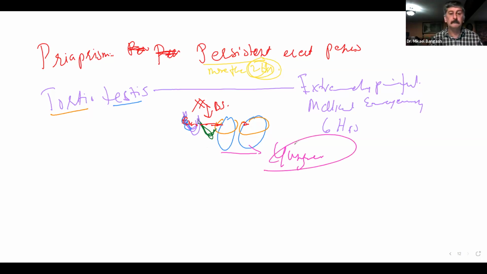Gangrene. We mean that the testes will die. So if this is not undone within 6 hours of occurrence, the person very well may lose his functional testes.